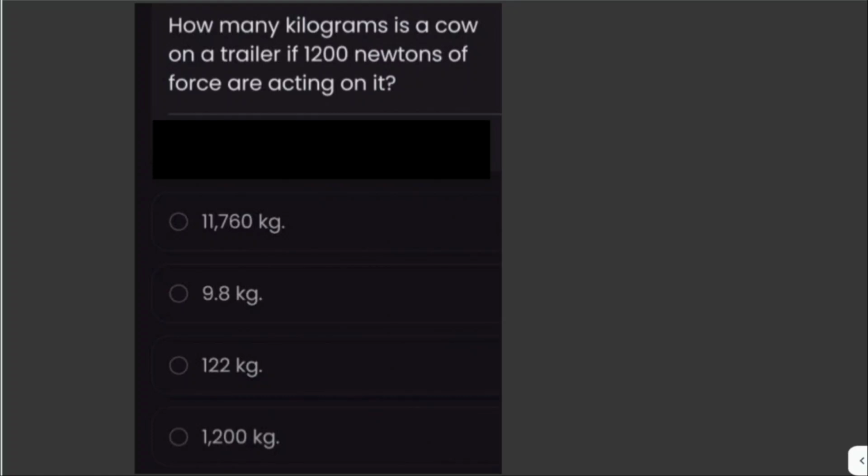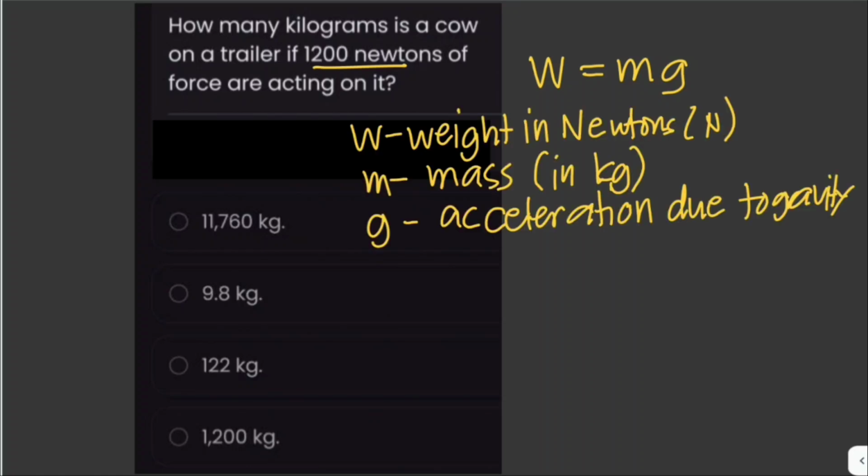In the problem we're given here, the weight in newtons, or newtons of force due to gravity, is calculated using this formula: W equals mg, where W is the weight in newtons, m is the mass in kilograms, and g is the acceleration due to gravity. And g is just equivalent to 9.8 meters per second squared.